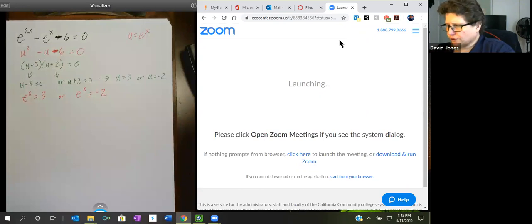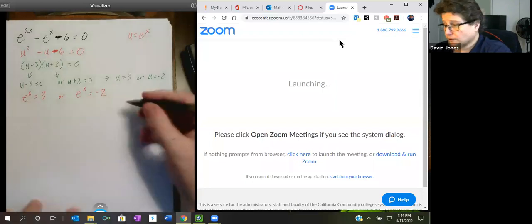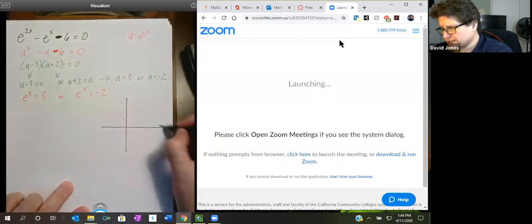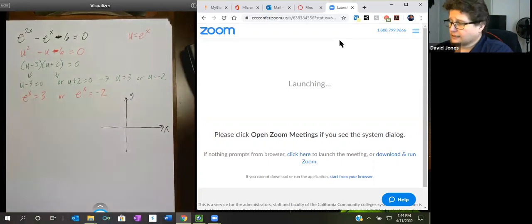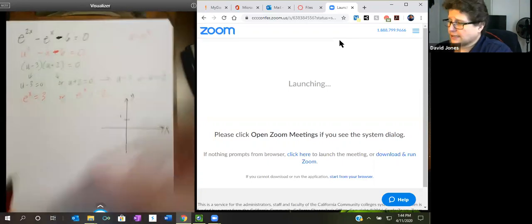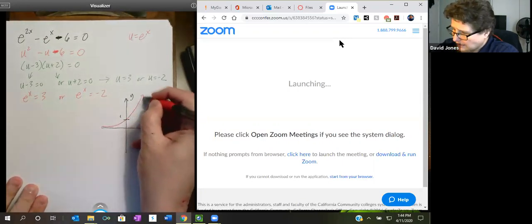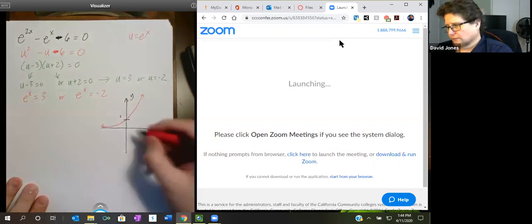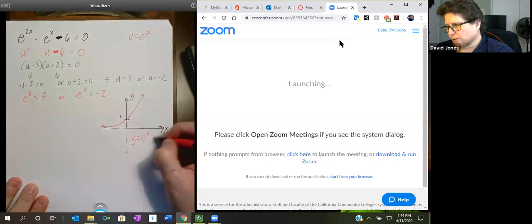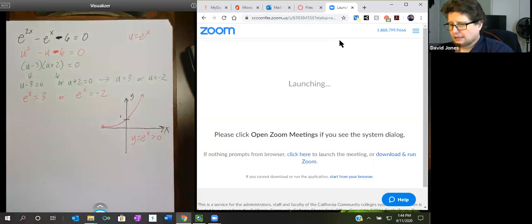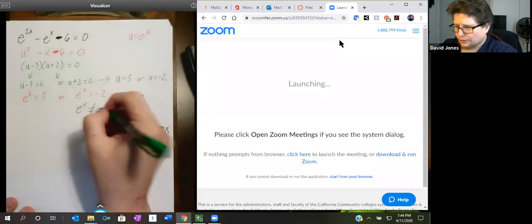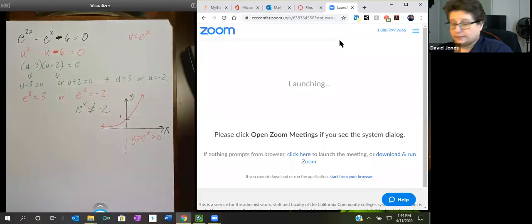I want you to recall, though, what the graph of the exponential looks like. This will save you some steps. Recall, if this is our Cartesian system, x, y, and this is 1, e to the x goes like this. Y equals e to the x is always greater than 0, which means e to the x cannot equal -2. That solution is out. Just this one.